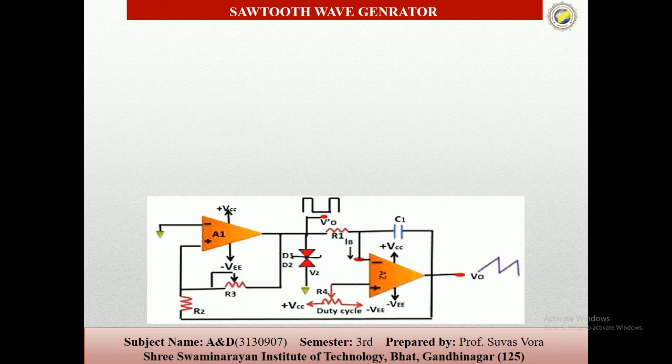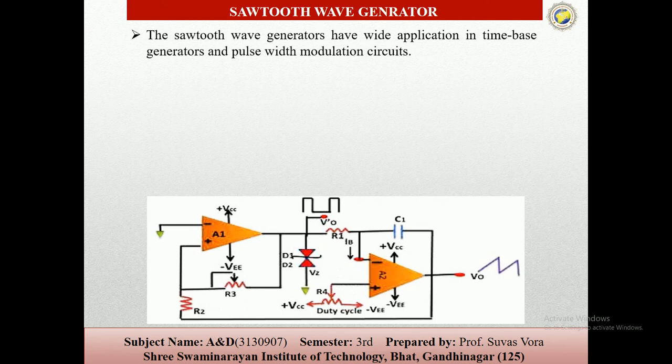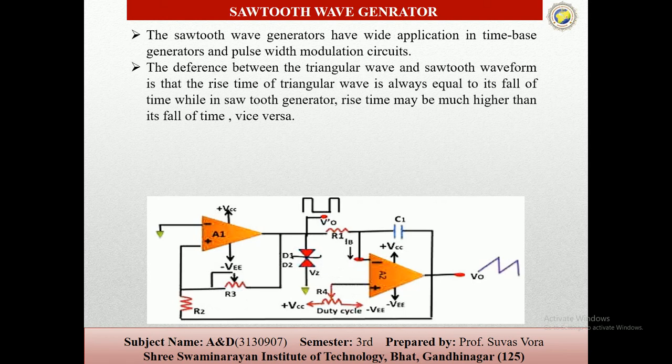So when the voltage at the non-inverting input of the integrator is negative, the duty cycle is less than 50%. So the sawtooth generator has wide applications in time-base generators and pulse width modulation circuits.